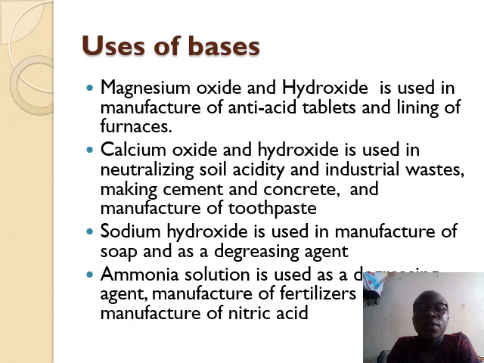Sodium hydroxide is used in the manufacture of soap and as a degreasing agent. Lastly, ammonia solution is used as a degreasing agent and is also used in the manufacture of fertilizers and in the manufacture of nitric acid.